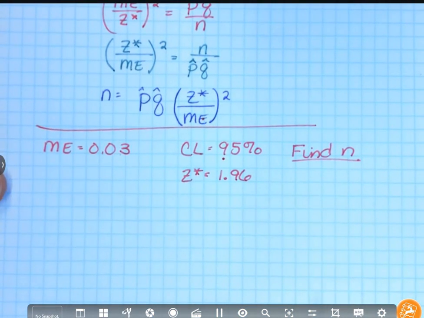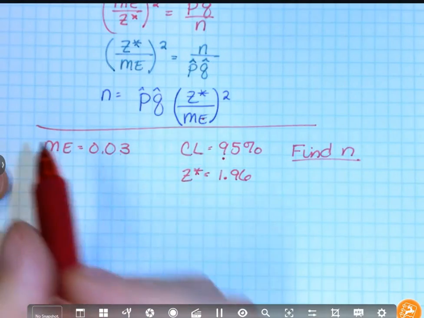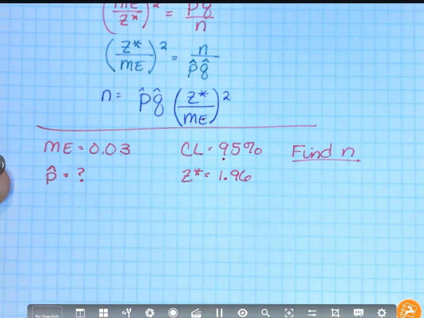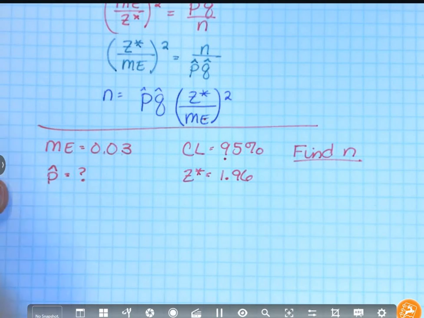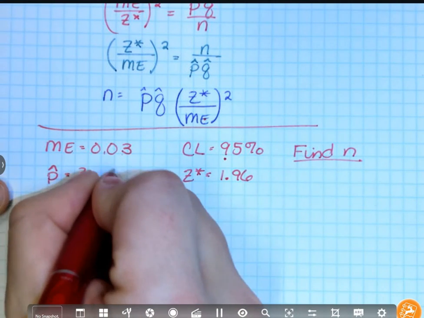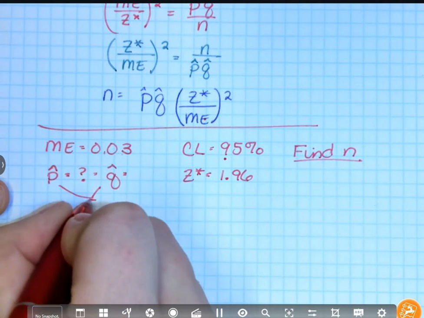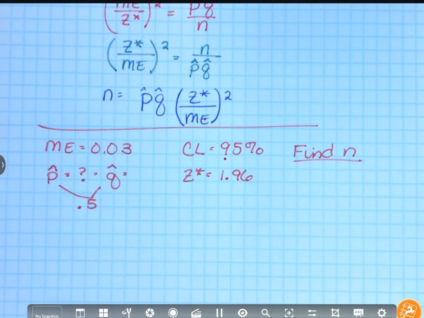Now, P hat and Q hat. I don't know what that is either, though, do I? So worst case scenario, what should I use? Use 0.5. That's going to maximize.